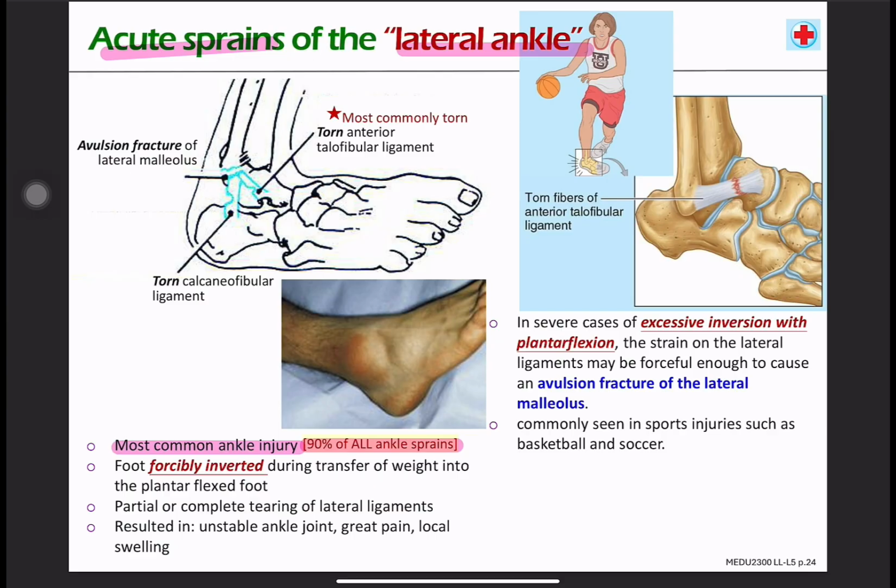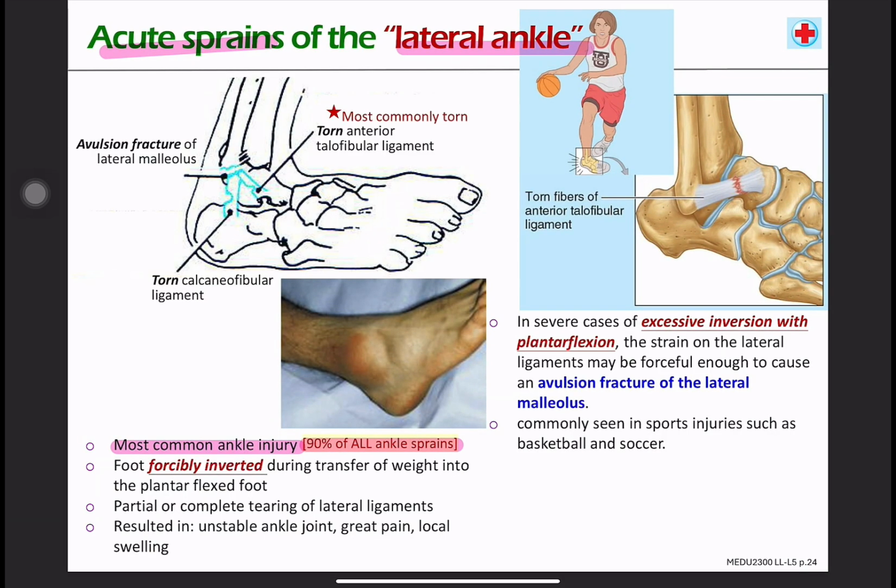These actions can partially or completely tear the lateral ligaments, in which the anterior talofibular ligament is most commonly torn in ankle sprains, either partially or completely. So it will result in an unstable ankle joint, great pain, as well as local swelling, right? So the boys, if you are very sporty, you like to play sport, somehow you might have had this once or twice.